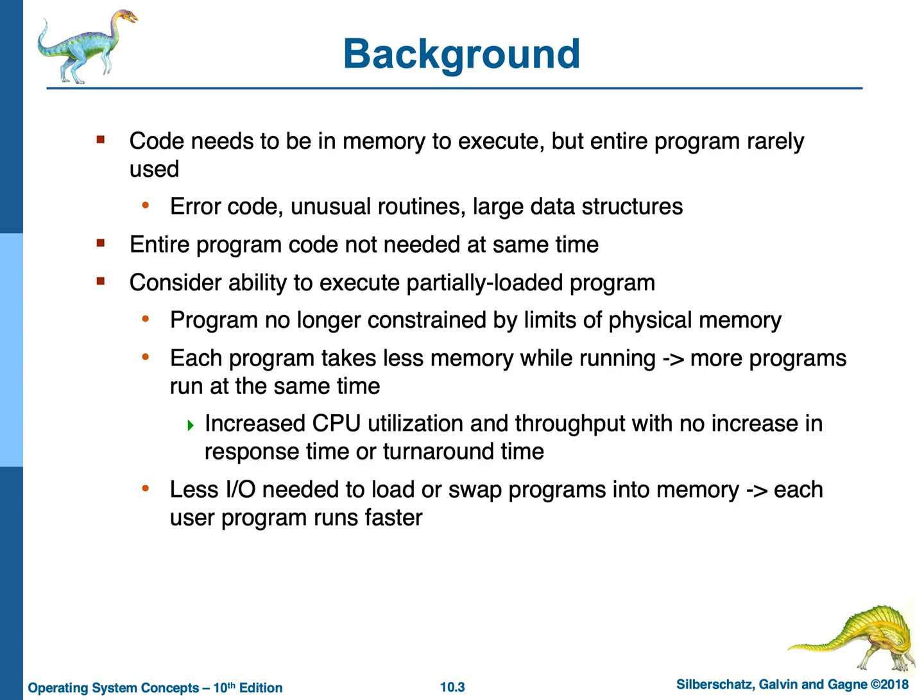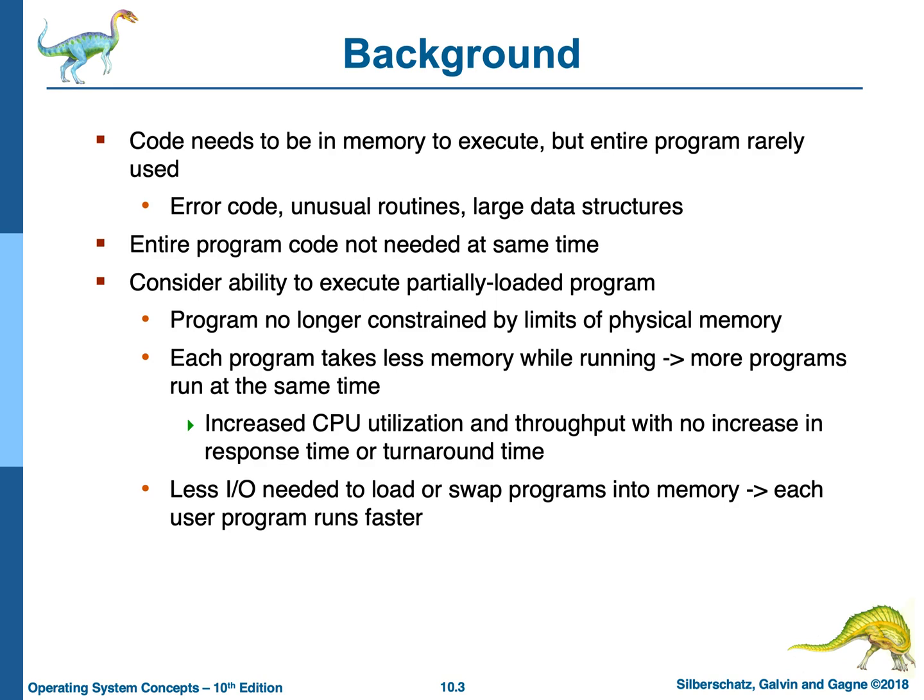So if we load the entire MS Word and the entire PowerPoint into our system, this will bring an overhead of unusual routines. Error code is also a part of a program, which is always there but rarely used, so it is also an overhead on the main memory.